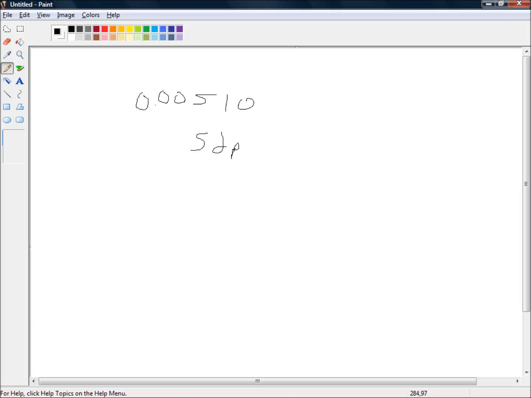So these leading zeros do not count. So we've got 1, 2, 3 significant figures. This 0 does count because you don't need to put it in at all if it's not significant. So this is a significant 0. So this number has 3 significant figures.